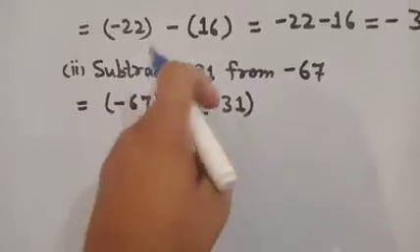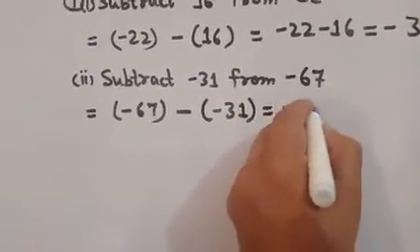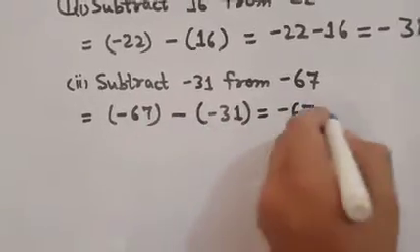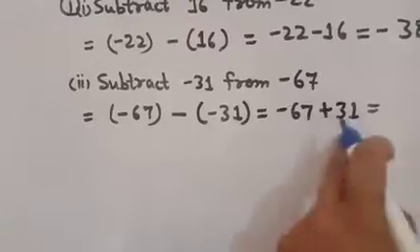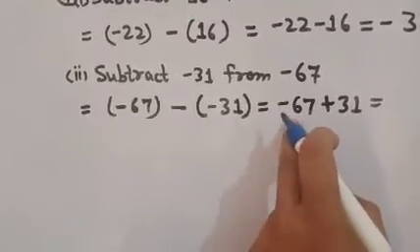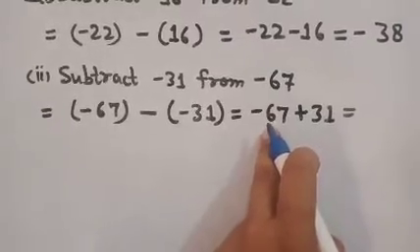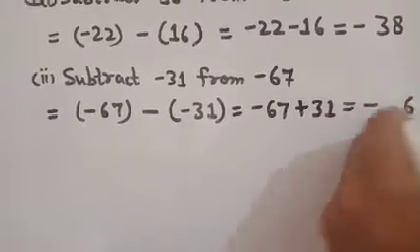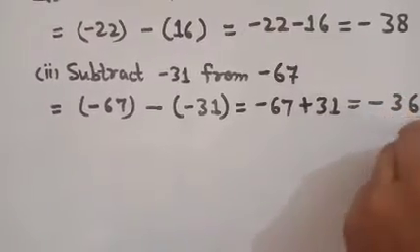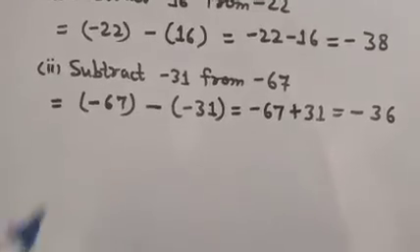Subtract first integer from the second. So you get minus 67, reverse the sign, that is minus minus plus 31. If the signs are opposite, we will subtract smaller from larger and put the sign of the greater number. Minus 67 minus 31, and 6 minus 3, that is 3. Minus 36 will be the answer of this question.